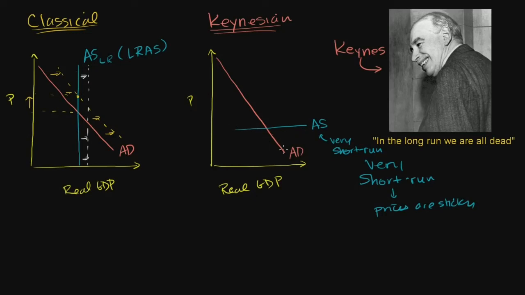But if you think in the very short term, Keynes would say prices are going to be very sticky, especially in the very short run. Especially if the economy is producing well below its capacity, like it seemed to be doing during the Great Depression. Prices are sticky. That makes intuitive sense.